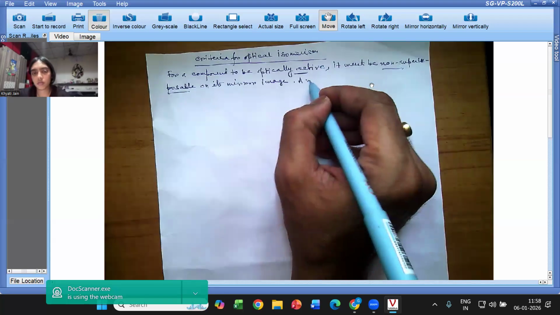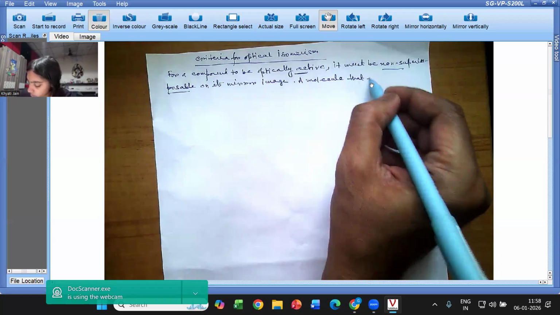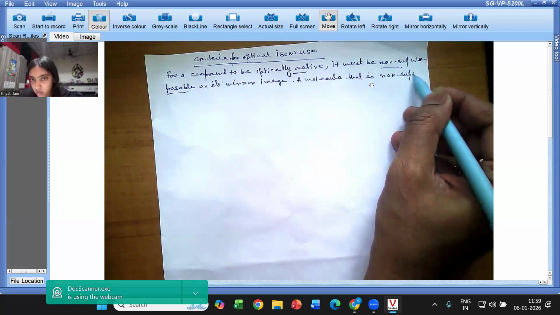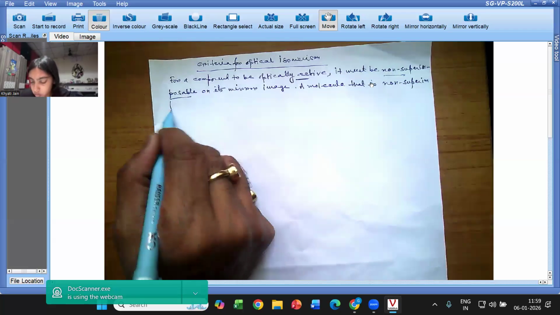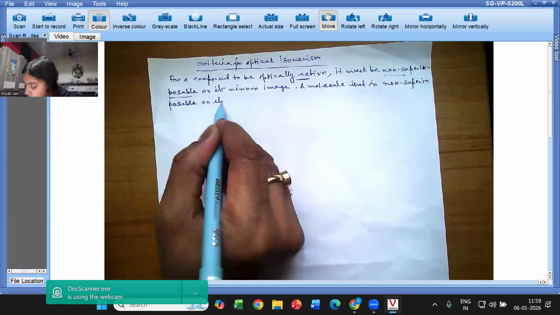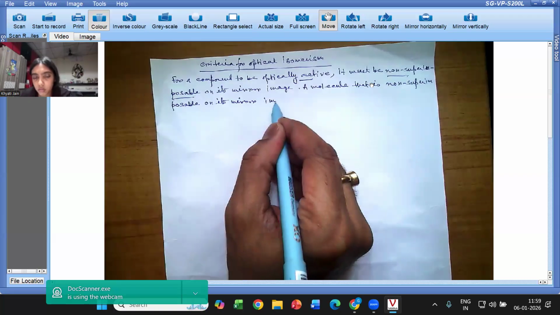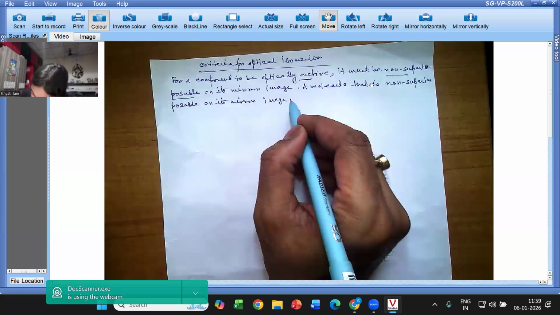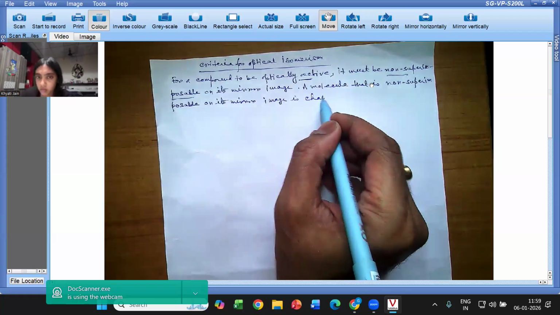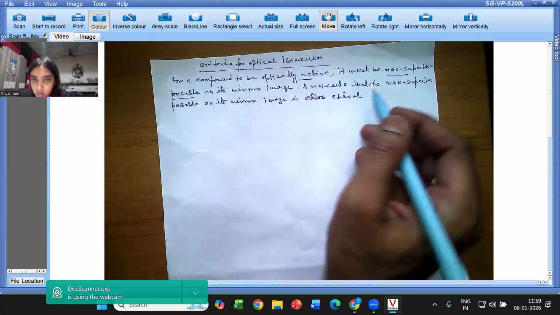A molecule that is non-superimposable on its mirror image is called chiral compounds. Chiral compounds, right? Chiral molecules.